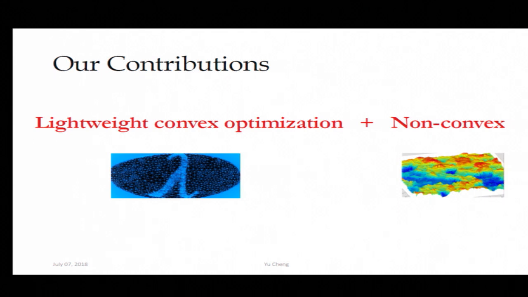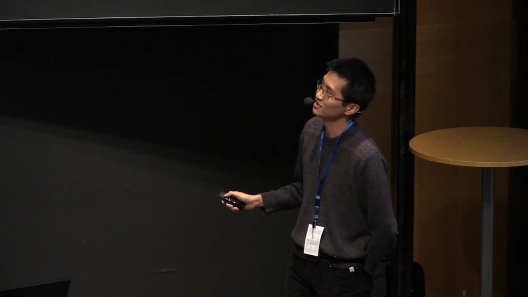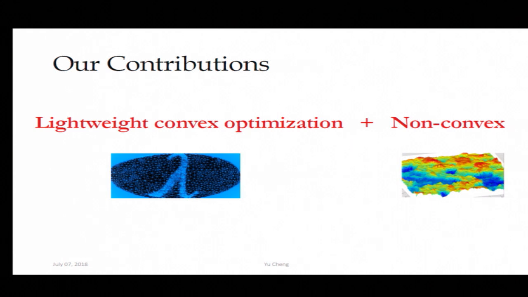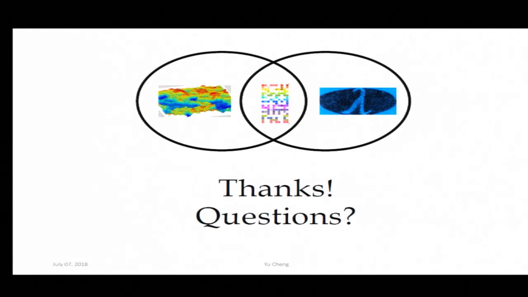So what we did was, before running this, we used a lightweight convex optimization algorithm, which we borrow from spectral graph theory. And then you get this combination of two things, where you get to enjoy the efficiency of the non-convex algorithm, but it is also robust to this semi-random adversary. And that's it. Thanks for your attention.